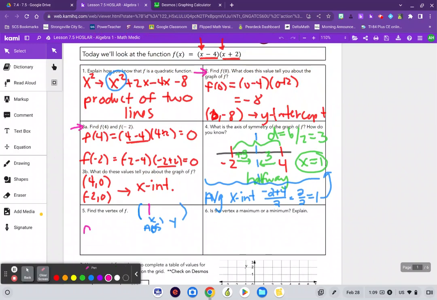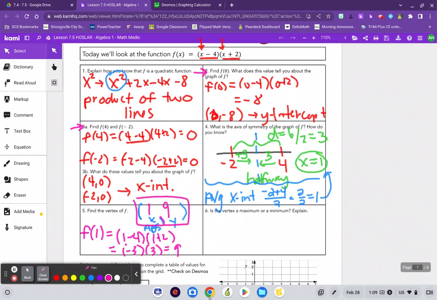I can evaluate my function using that exact x value. In other words, I can substitute my known x value into my equation and calculate. I would get negative 3 times 3, which gives me negative 9. And so my vertex is this ordered pair 1, negative 9.